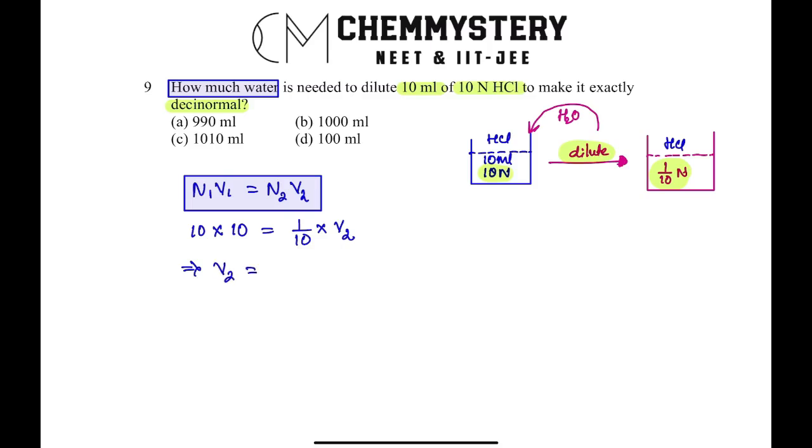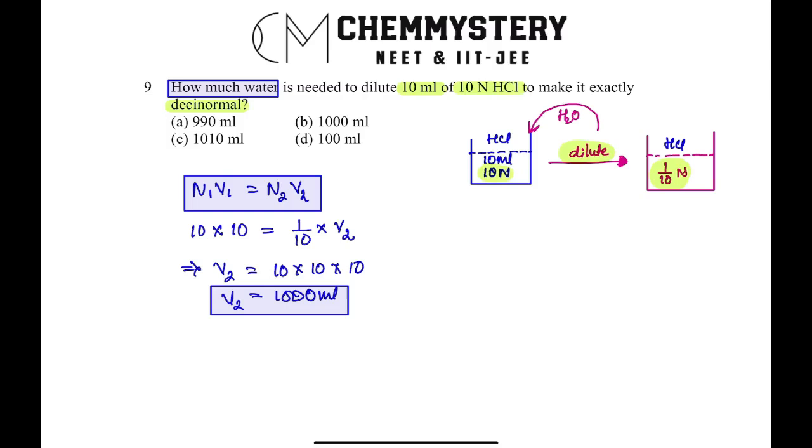V2 is equal to 10 into 10 into 10, that is 1000 ml. V2 means the total volume of the diluted solution. Total volume is nothing but the original volume plus the water. Original already 10 ml was present.